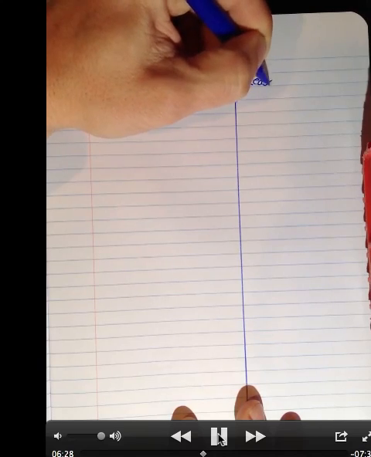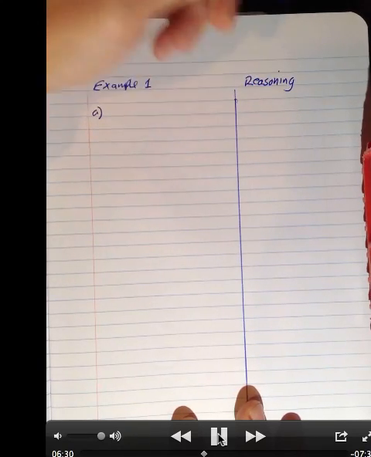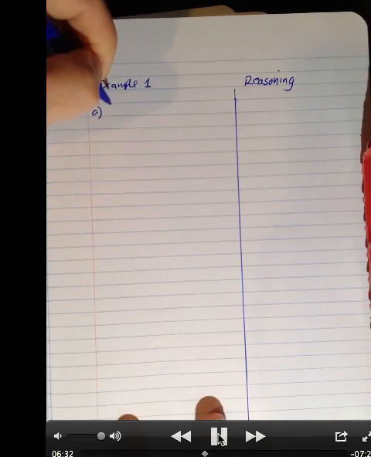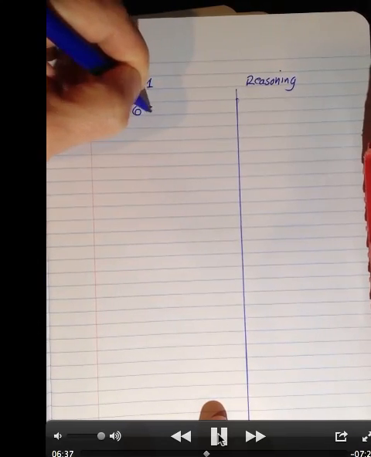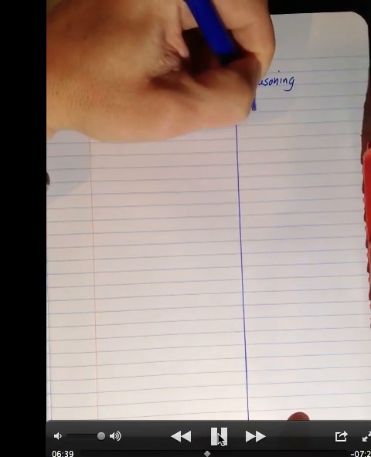So in your notes, make a column down the right hand side for reasoning. 5 plus 6, those have the same sign.